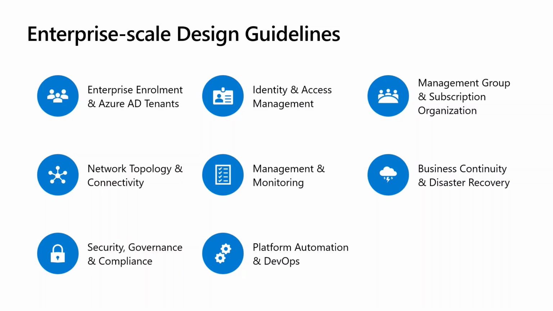So I would like to quickly touch on all those areas in the next few slides. As I mentioned as well, the design principles, which we have seen before, do apply across all those 8 critical design areas. So always keep in mind, whatever we do, whatever we recommend, is always based on the design principles.